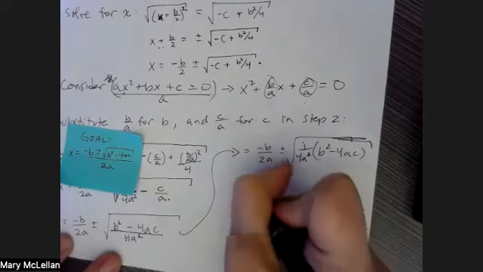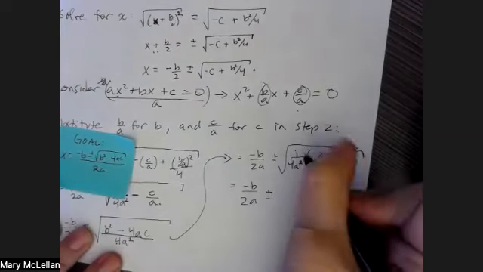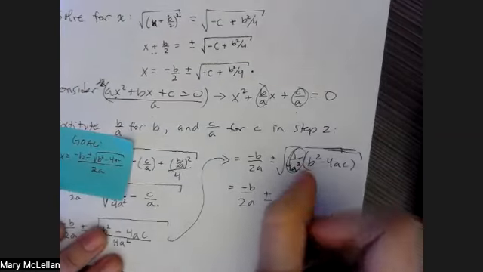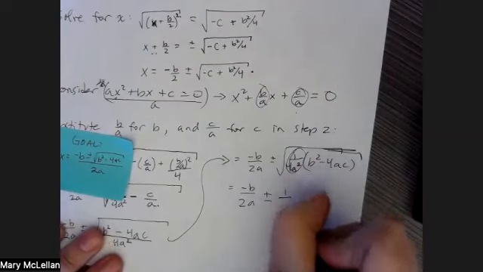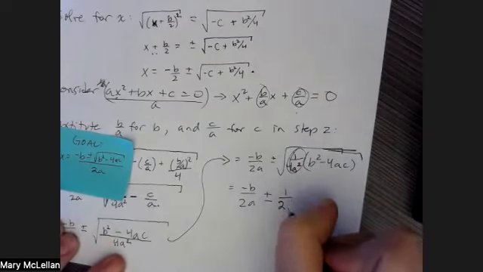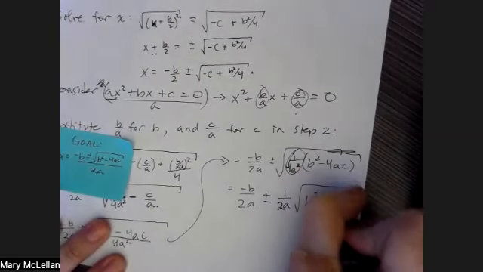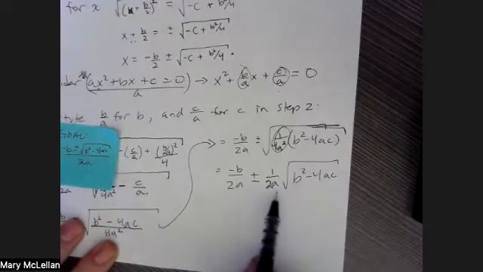This is equal to negative b over 2a plus or minus, this is a perfect square. So I'm going to make this 1 over, square root of 4 is 2, square root of a squared is a, 1 over 2a times the square root of b squared minus 4ac.